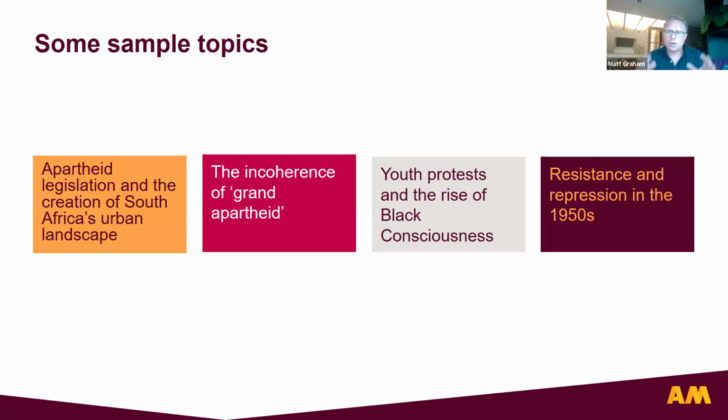And as has already been hinted at, there is a huge array of topics that can be looked at through the materials. And here are just 4 that really focused on the apartheid collection, which I think give you a sense of that variety.